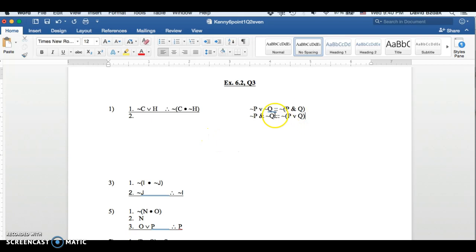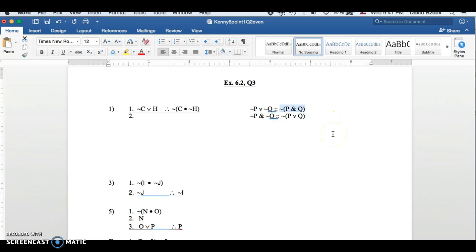Now, they're called substitution rules because you can substitute one of these for the other. And what that means is you can do it either way. If you have something that looks like this, then you can substitute something that looks like this. But it goes the other way around too.